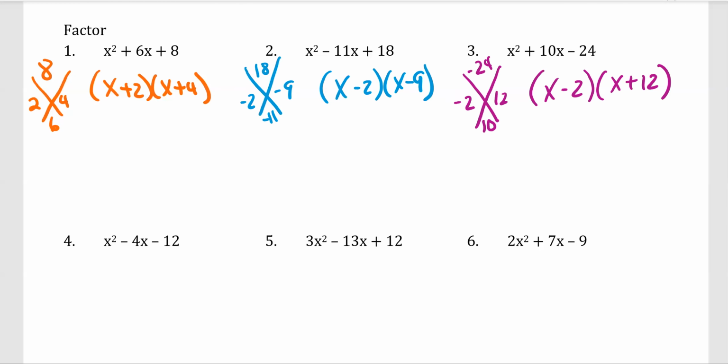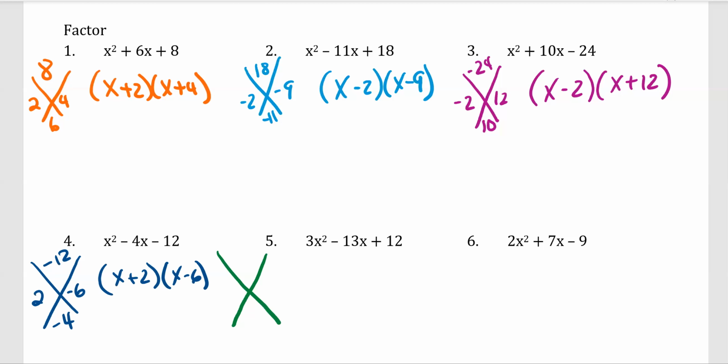Number 4, the factors of negative 12 that add to negative 4. Number 5, we now have A is 3 and C is 12. So we need the factors of 36 that add to negative 13. Negative 9 and negative 4.